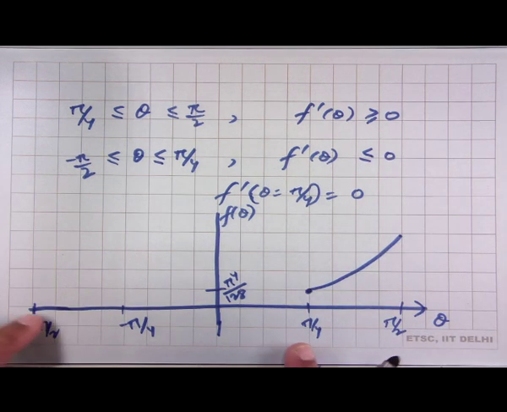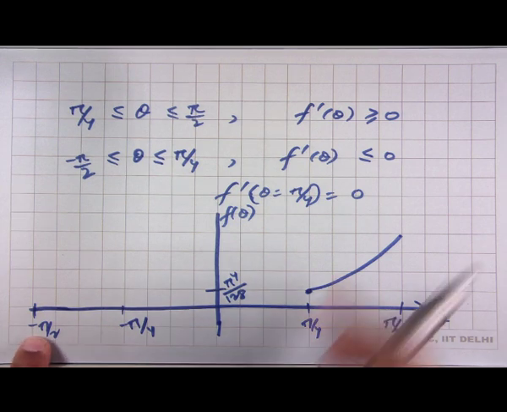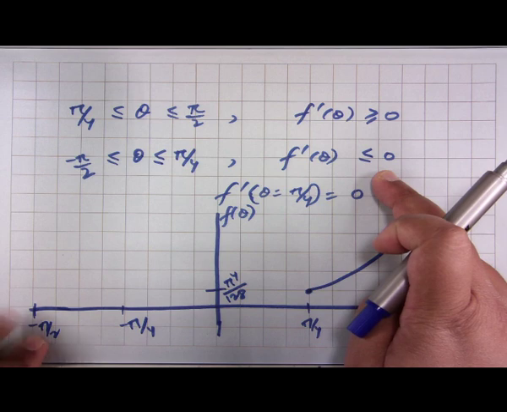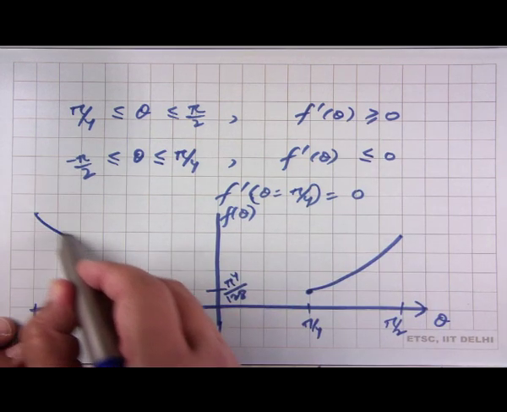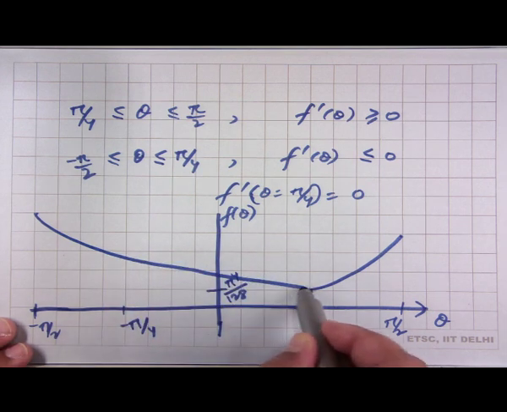In the interval from minus pi by 2 to pi by 4, it is negative, which means it would be decreasing like that.